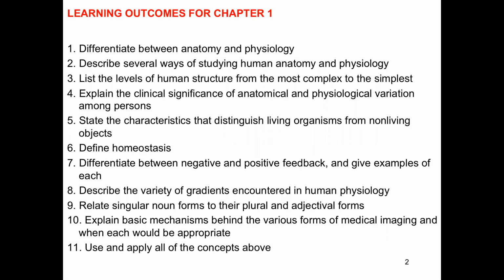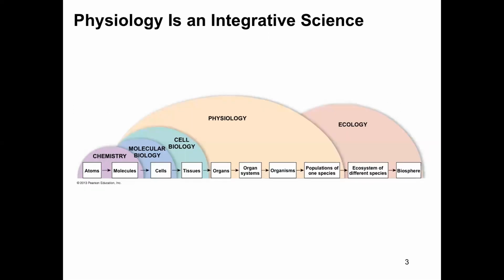Now, as you'll see with every chapter, you've got your learning outcomes for the course. These are the same if you're here or in Dr. Tice's class. To really study physiology, you need to know a lot. That's why the next chapter, which heads up is huge, is looking at chemistry.